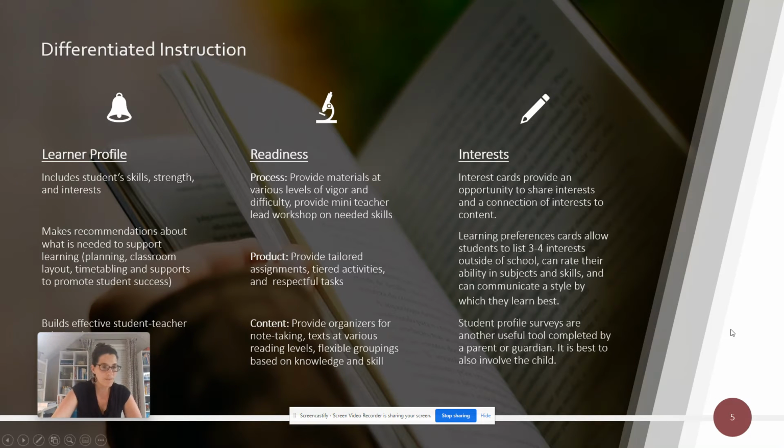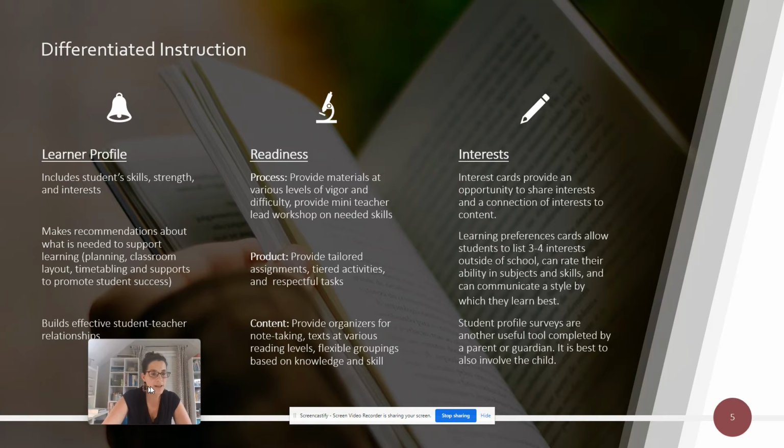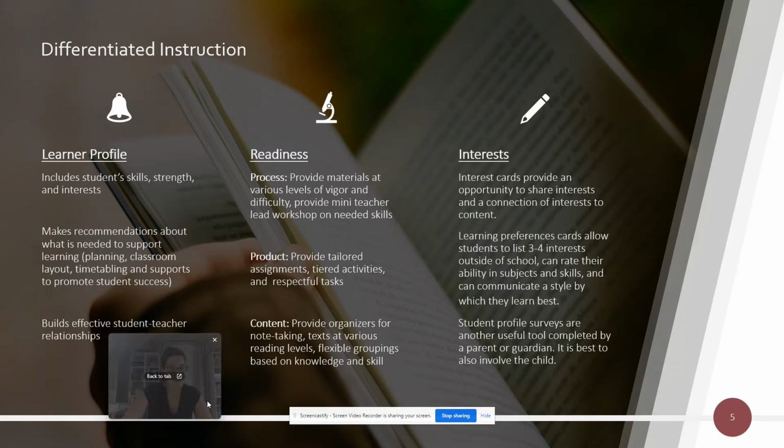And of course, building that learner profile will help you to make a great connection with your students. Readiness, differentiating by readiness, would mean that we are differentiating either the process, the product, or the content of what we're learning in class.